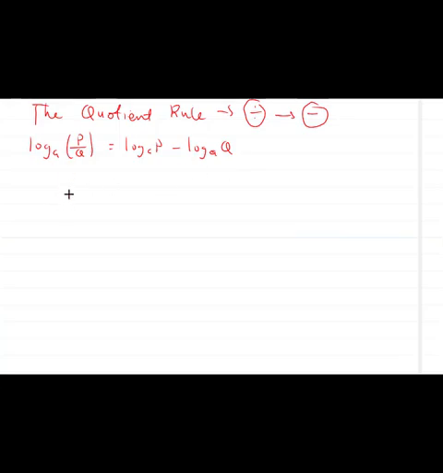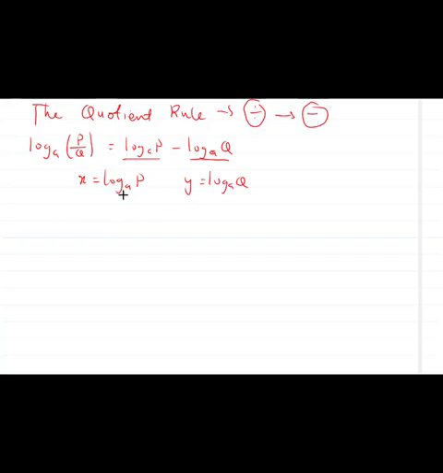Let's prove this. Let's represent this part of the equation with a variable, so we can say x is equal to log base a of p, and then we represent this part with another variable, so y is equal to log base a of q.